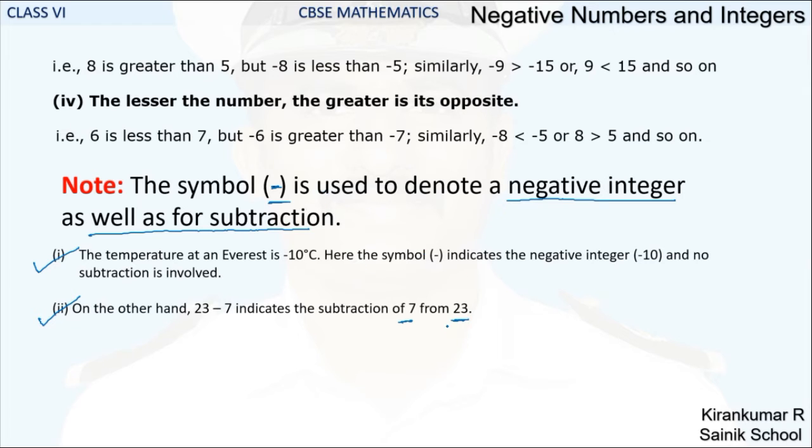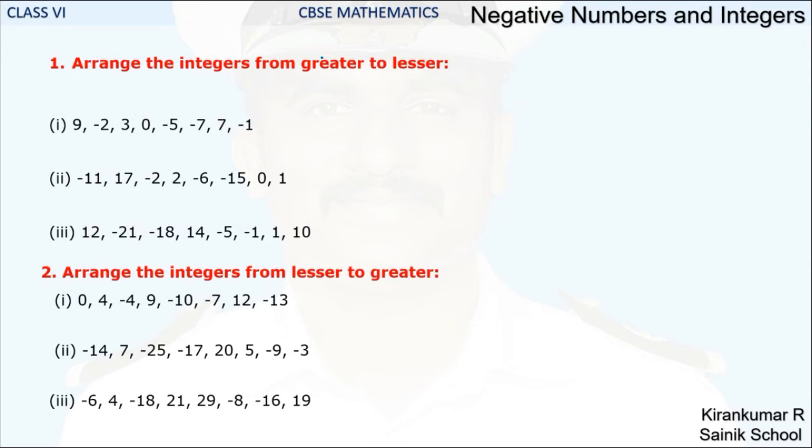Let us solve a question. Here we'll arrange the integers from greater to smaller. In the first one, we have positive 9, negative 2, positive 3, 0, negative 5, negative 7, positive 7, and negative 1.